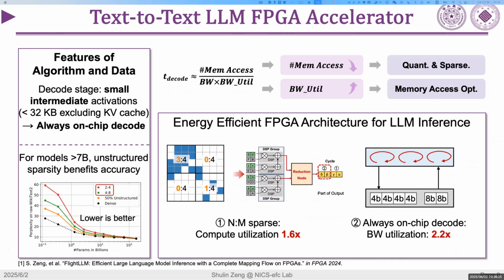Here are some key ideas when we try to accelerate LLMs on FPGAs. The basic idea is that when we generate tokens, it is mainly memory bound, right? So the first idea is that we can try to reduce the memory access, using methods like quantization and sparsification to reduce the workload.